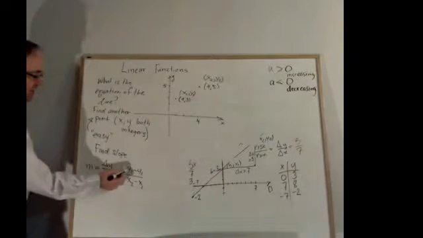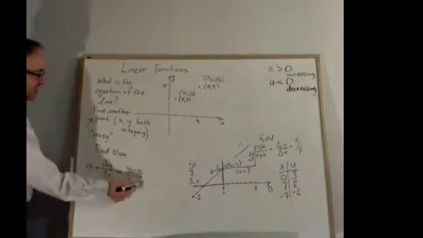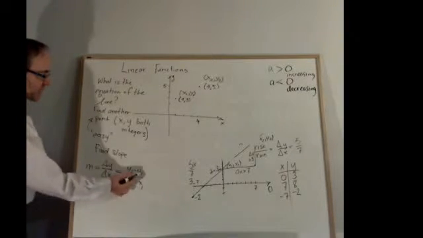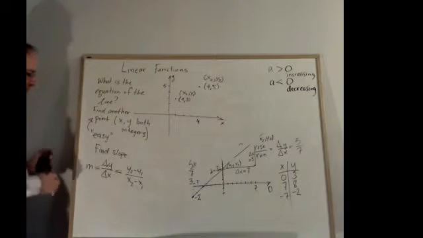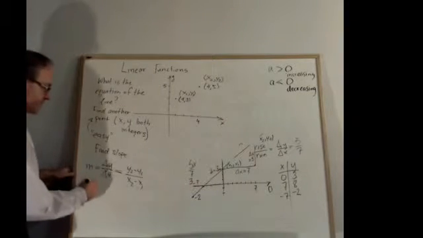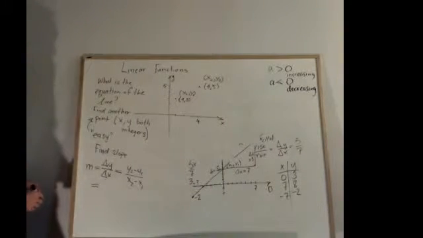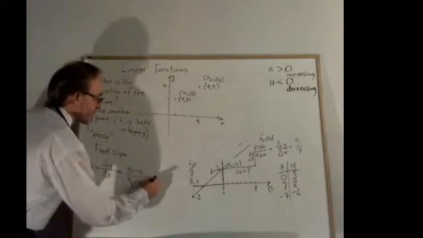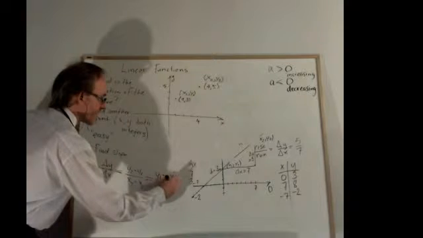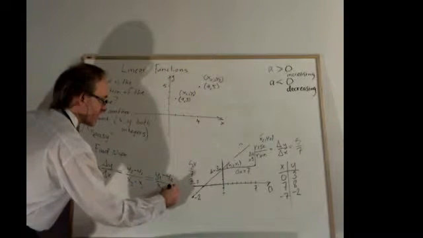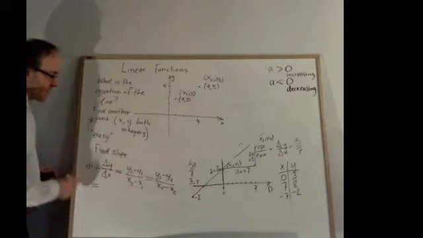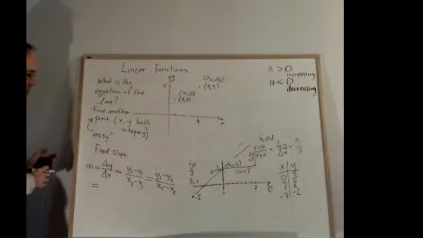The x2 should line up with the y2, and the x1 should line up with the y1, not x1 with y2, x2 with y1. Or it could be like this as well, because I change the sign of both to get from here to here, and that doesn't change the overall ratio.